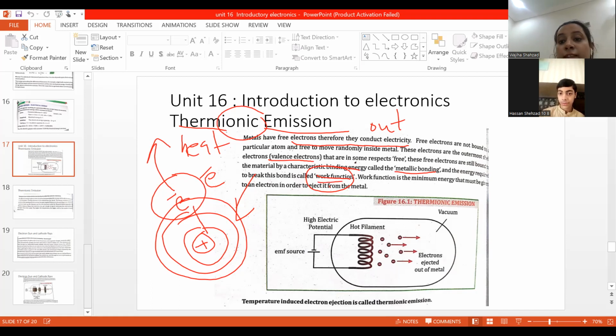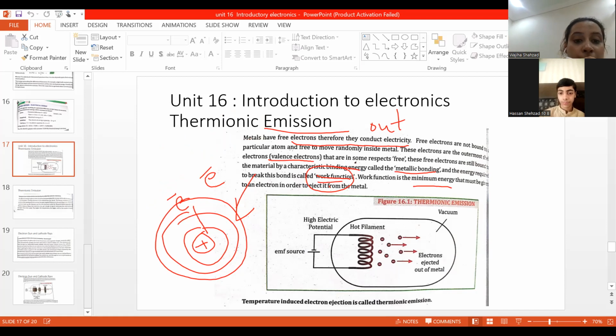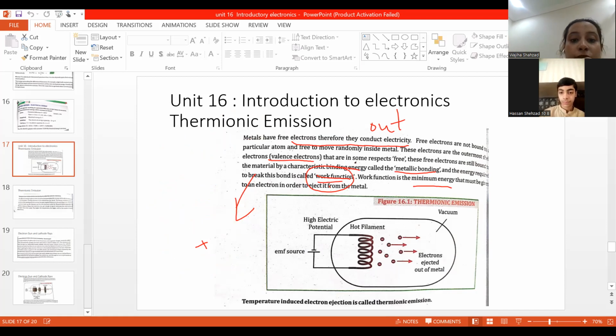Work function is the minimum energy given to an electron in order to eject it from the metal. Then they behave as free electrons within the metal.